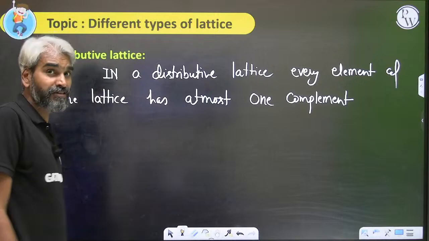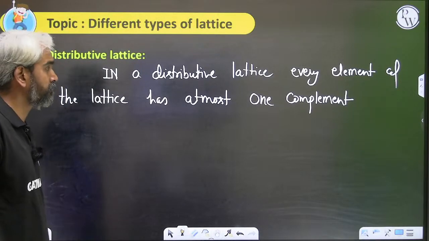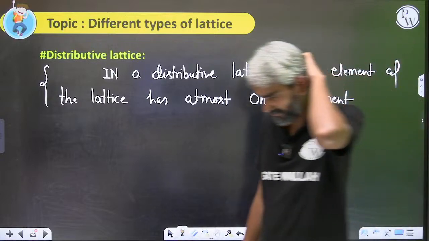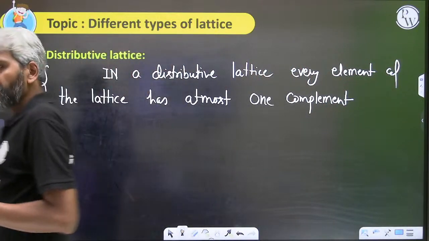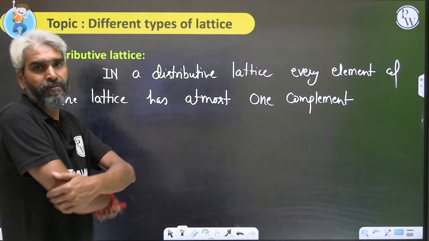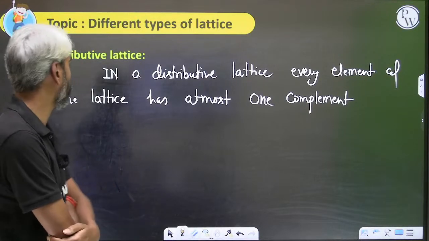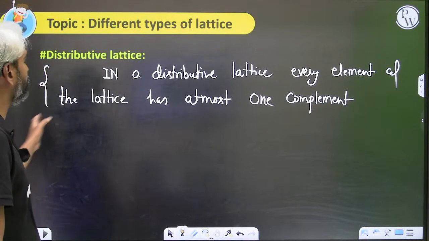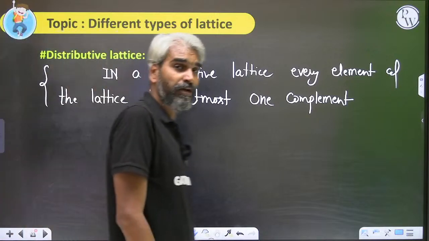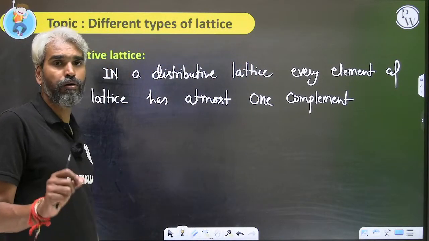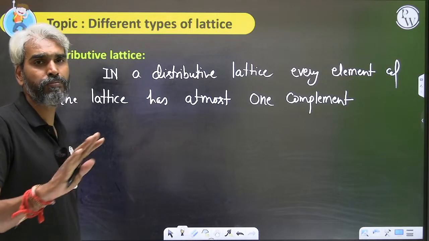So, in a lattice, if every element has at most one complement, then will it be a distributive lattice? In a distributive lattice, every element of the lattice has at most one complement. If there are two or more complements for any element, then it cannot be a distributive lattice.